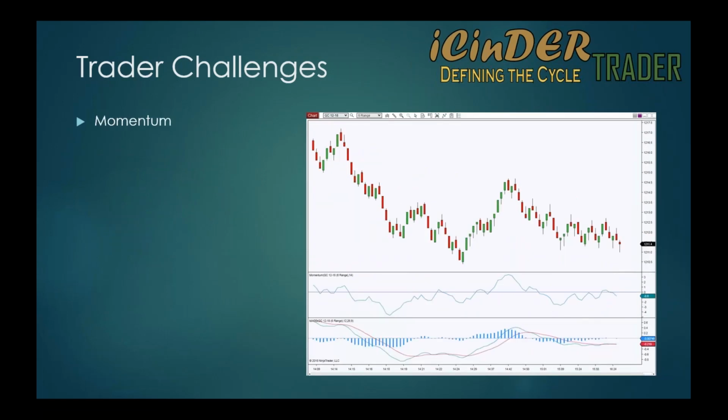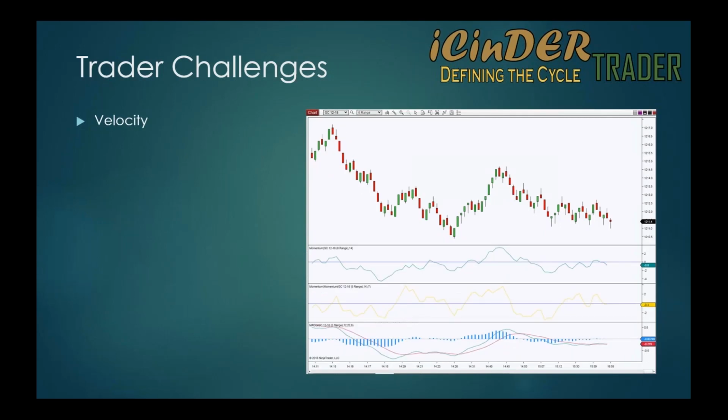As part of our understanding, there are two things. One of them is momentum, which is that momentary change in direction which can take place. Usually you can ascertain this by looking at 3 or 4 bars where you see a change. In the lowest parts of the chart there, you can actually see a movement and momentum change. The other thing we should understand is velocity. What is velocity?